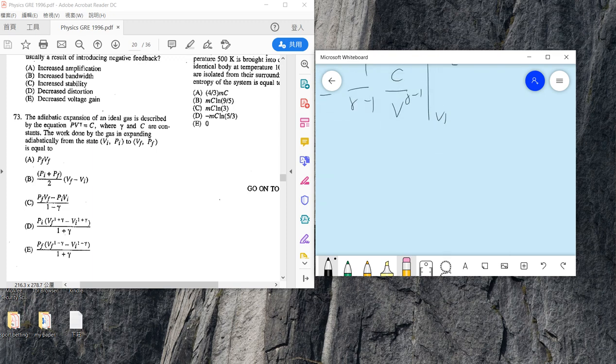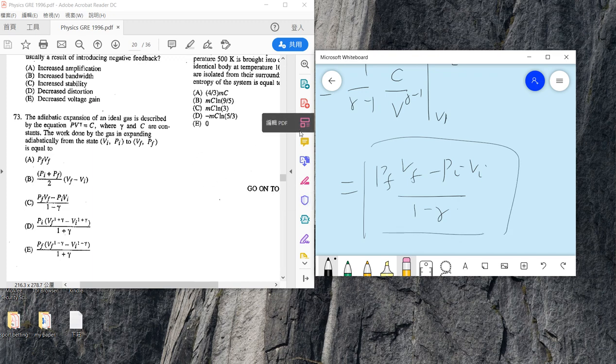So plugging in and changing something into P, what we get is PfVf minus PiVi over 1 minus gamma; I use 1, but you just use i. So this is the answer. At least when you do the integration, you can see there's a 1 minus gamma, right? So C is the only answer.